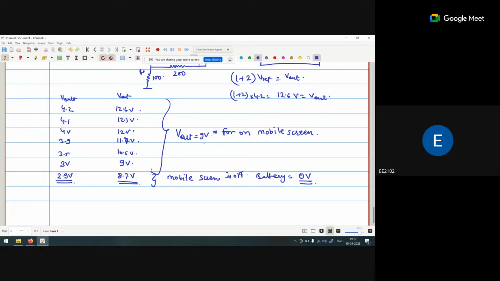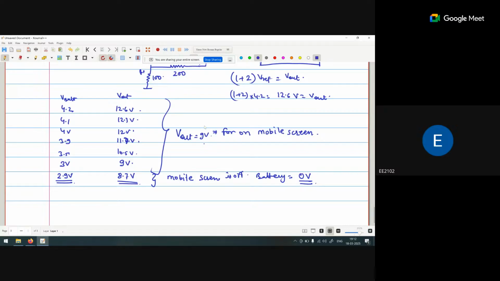First thing. Second thing, if my LED screen works on 9 volt and you provide a higher voltage to it, what will happen? There is a chance that due to the higher voltage, the LCD screen component will heat up and after heating up it will blast.